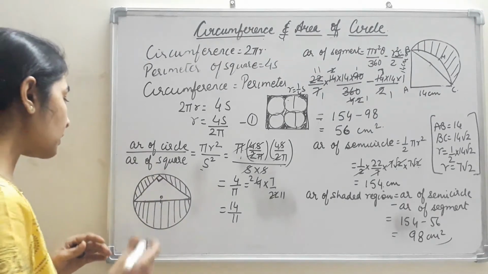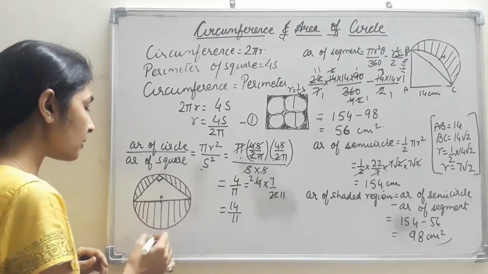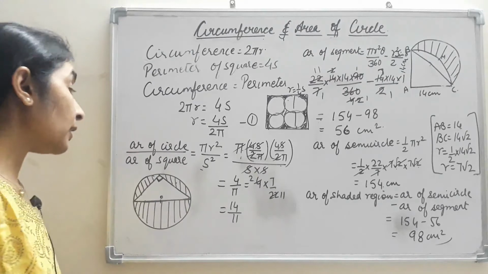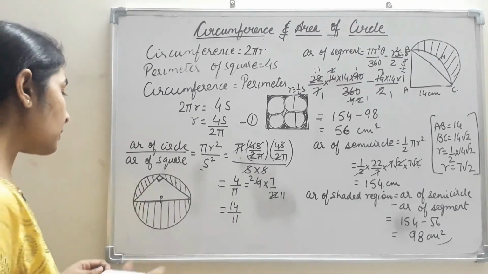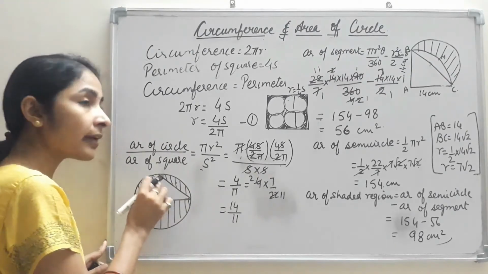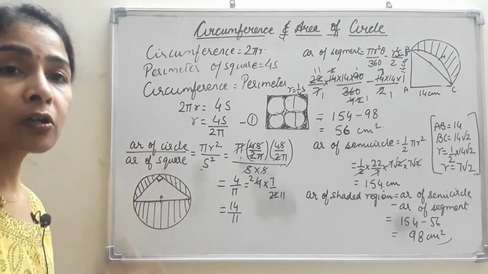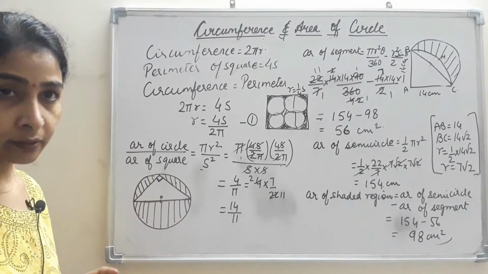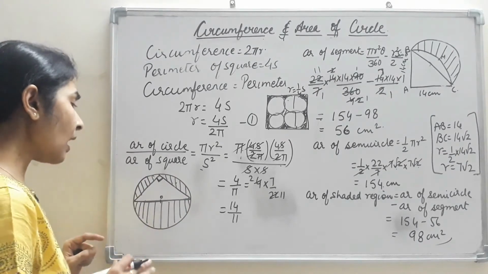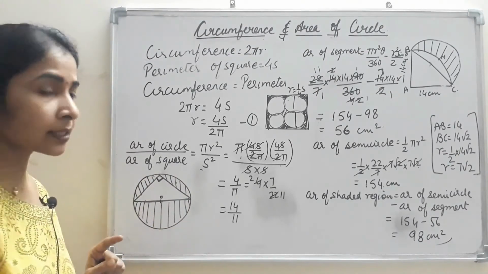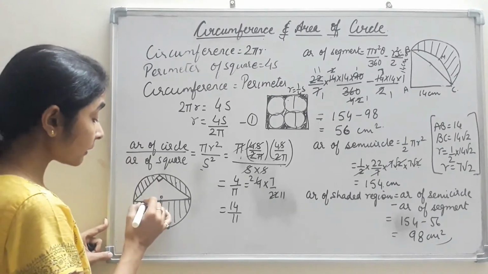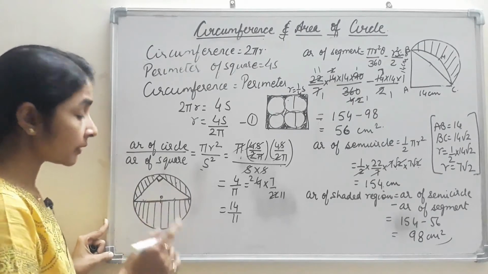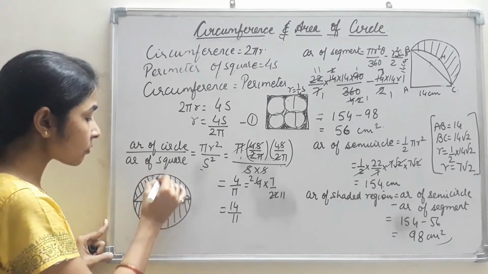Now some students just keep on finding the area of this segment and this segment and then this semicircle, and then add all of them. It's not required. First thing is, whenever you are given that this angle is 90 degrees, then you can always use the formula of half base into height. Half base into height is very easy here. How? Because this is the radius, so radius plus radius is equal to diameter, and this is also the radius.